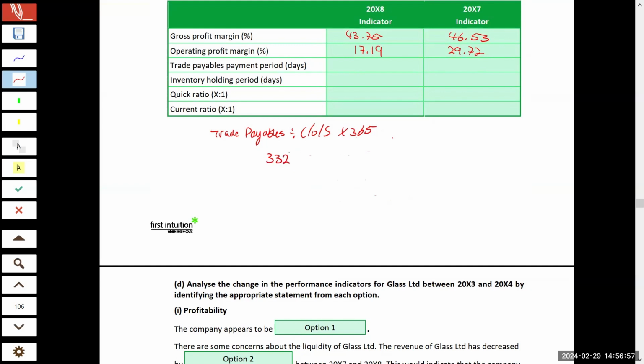332 divided by the cost of sales, times by 365 days, a total of 67.32.